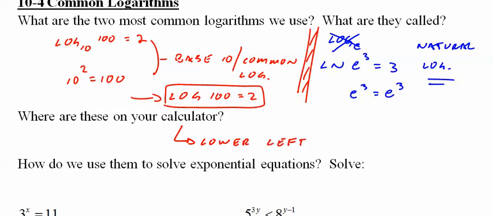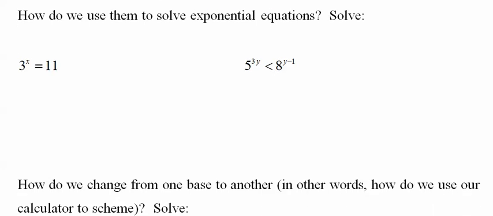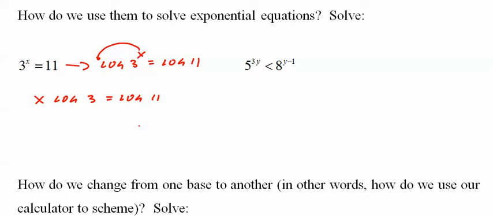how do we use them to solve exponential equations? Just going to do it with common logs, but you can, and I'll show it once right here how you could use either one. But we know that if we take the log of both sides, we can take this x and throw it out. And this is one of the most important reasons that we actually need logarithms, so we can get that number out of the exponent.